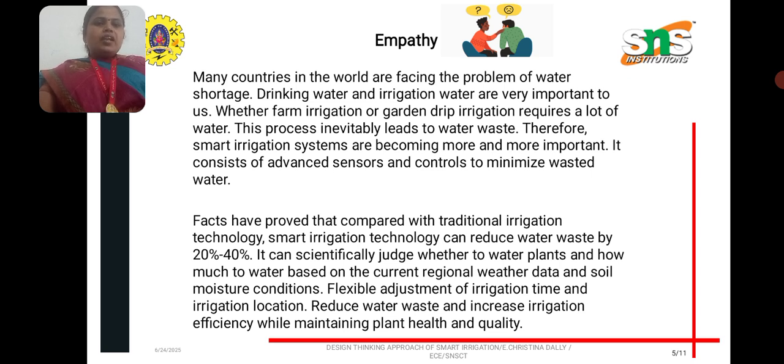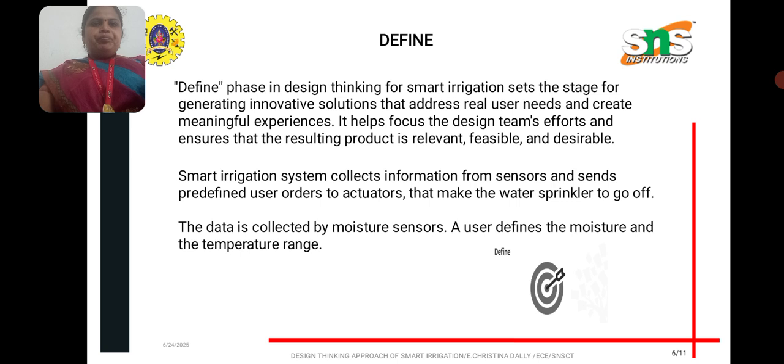By using smart irrigation technology, we can reduce water waste by 20 to 40 percent. Next, we have to identify the adjustment of the irrigation time and the irrigation location. At the same time, we have to reduce water waste and increase irrigation efficiency, while maintaining plant health and quality.